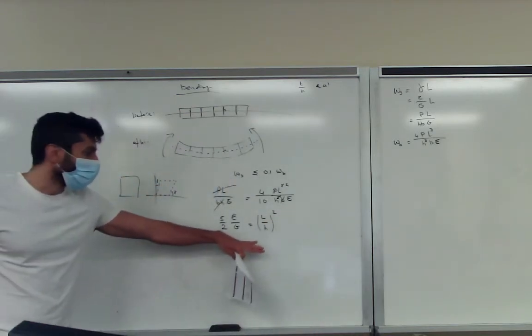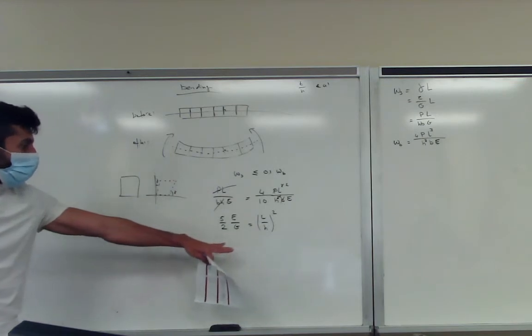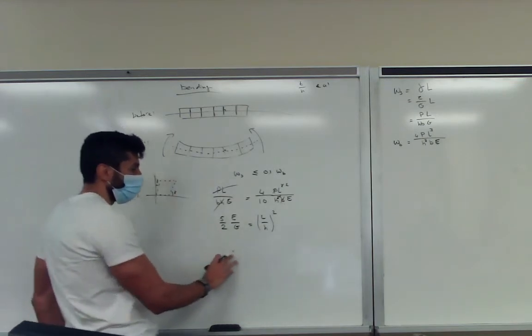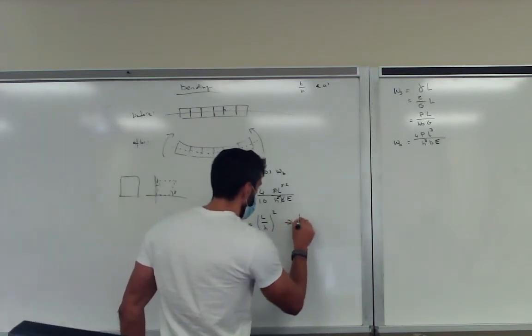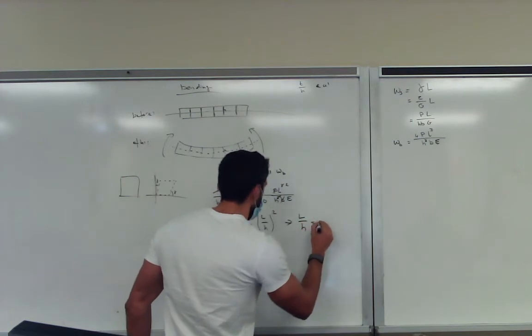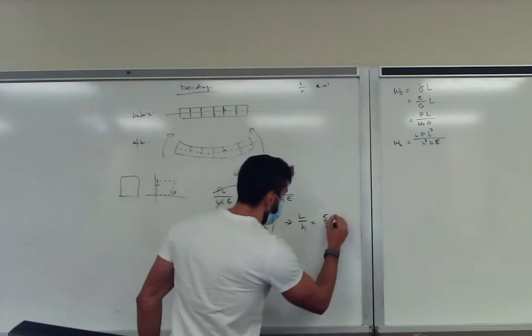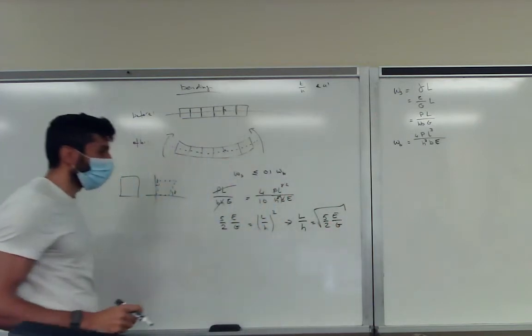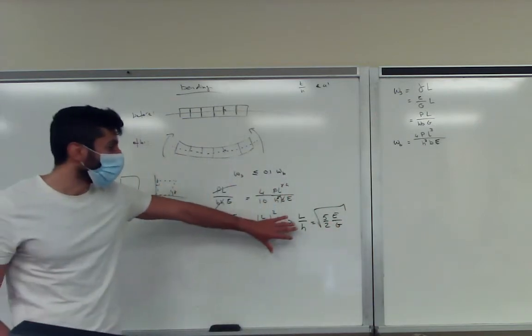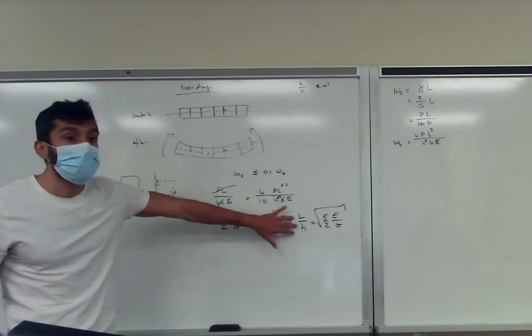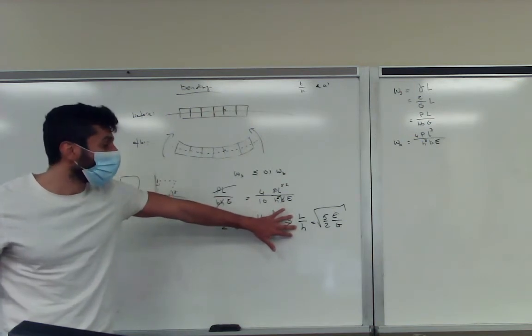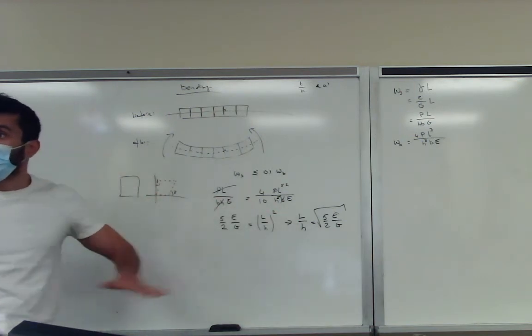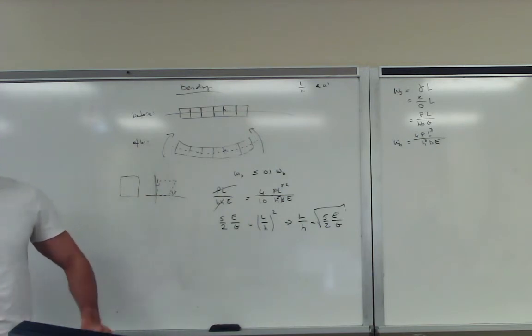So now we have basically another dimensionless ratio. We can rewrite it: L over H is equal to the square root of 5 over 2 times E over G. And then we can get our dimensions, based on the height of the beam and the length, and determine whether we can ignore it, yes or no.